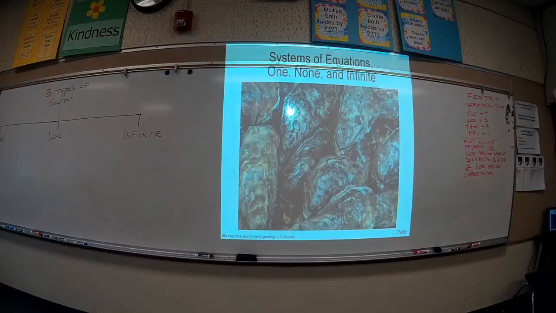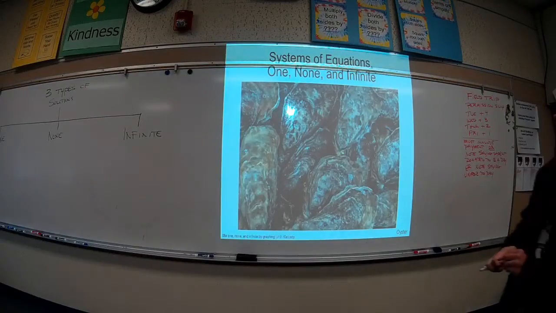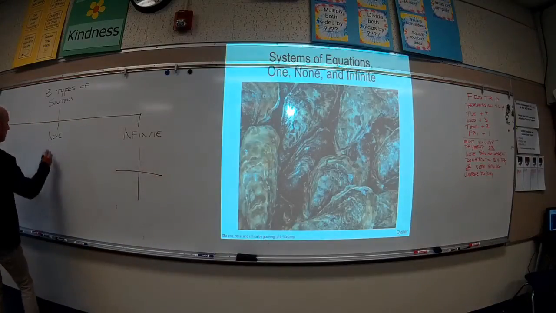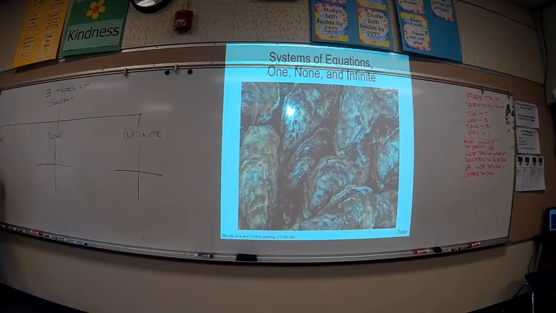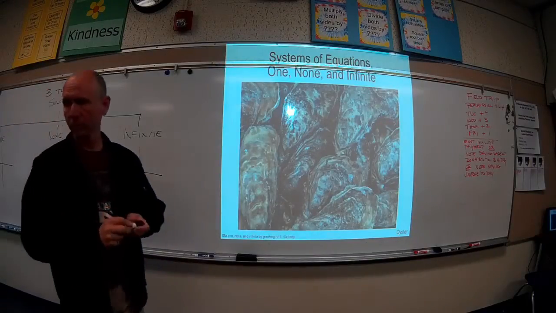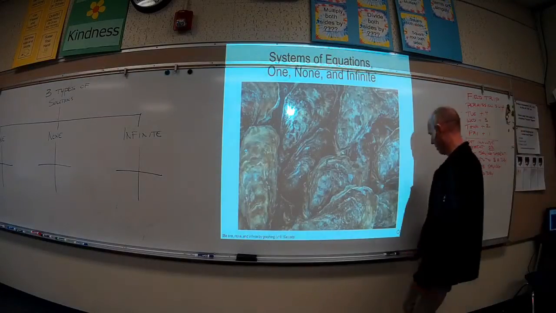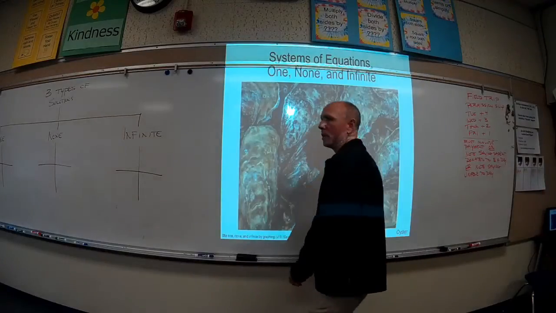Underneath each of those, we're going to need 3 coordinate systems. On those 3 coordinate systems, we're going to graph the 3 things that could happen.